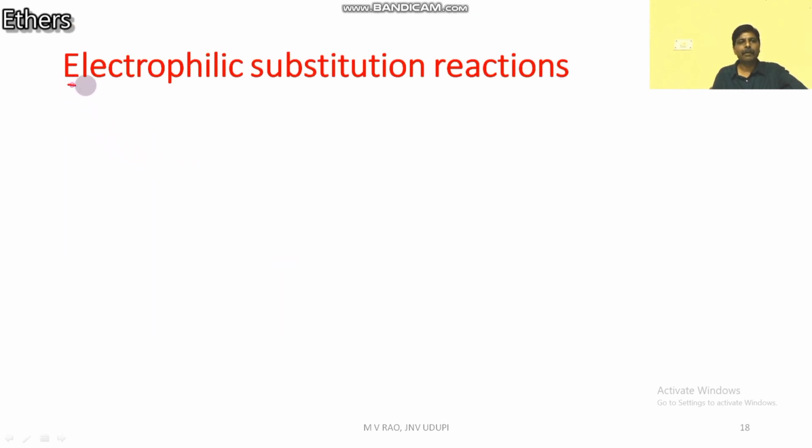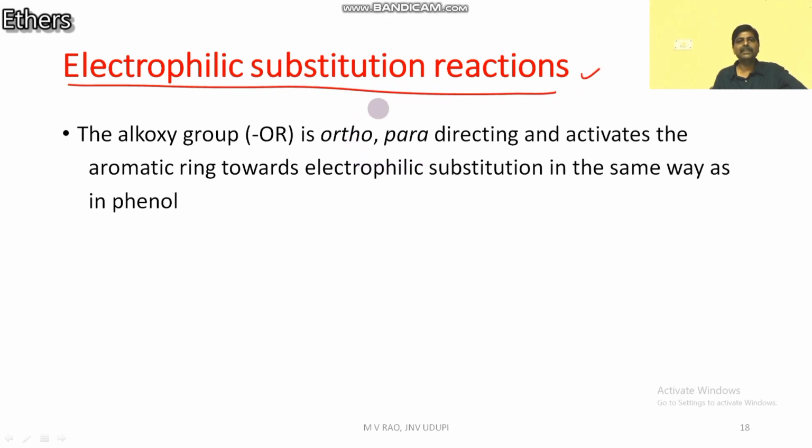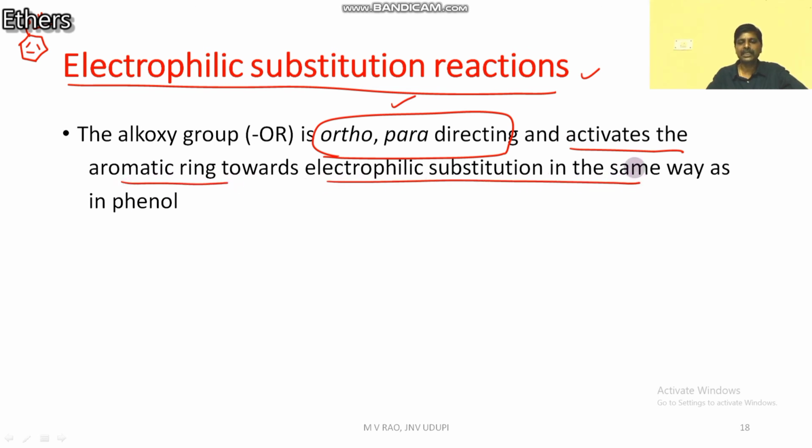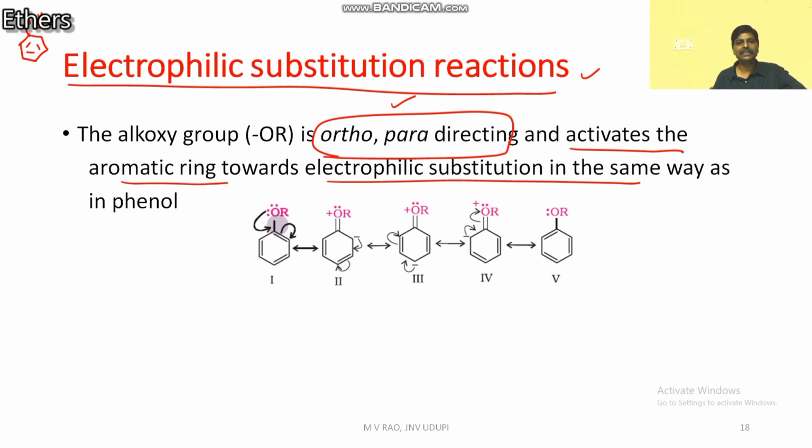Second type of chemical property, that means electrophilic substitution reactions, mainly observed in anisole. OCH3 is ortho and para directing group, and activates the aromatic ring towards electrophilic substitution reactions, like earlier case, like in phenol. Here you can see at ortho position minus, at para position minus, electron density is more at ortho and para.